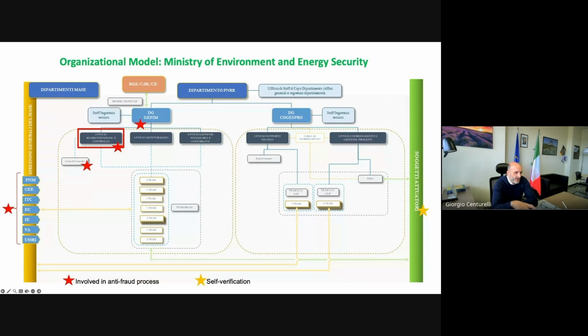In one general direction, there is a direction in charge of the implementation and verification of the projects and measures under the responsibility of the Ministry of Environment and Energy Security.